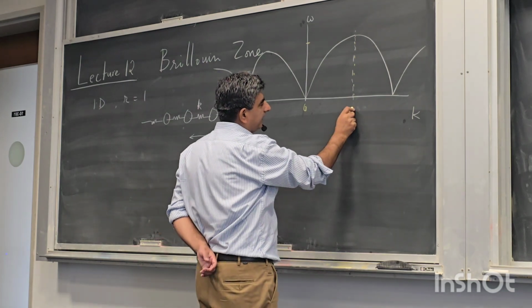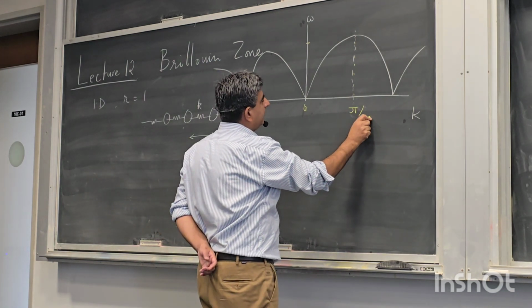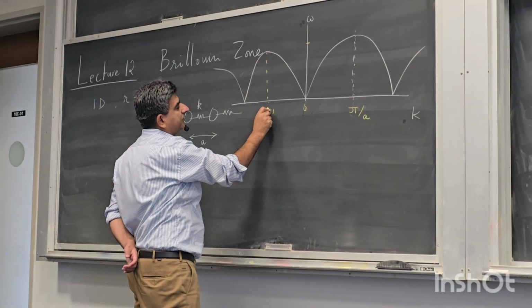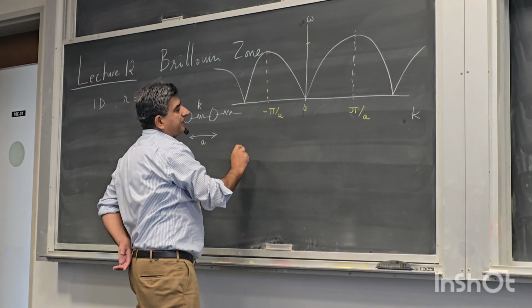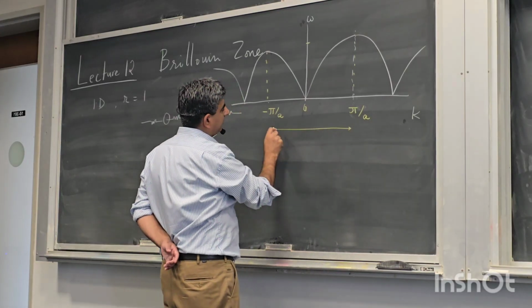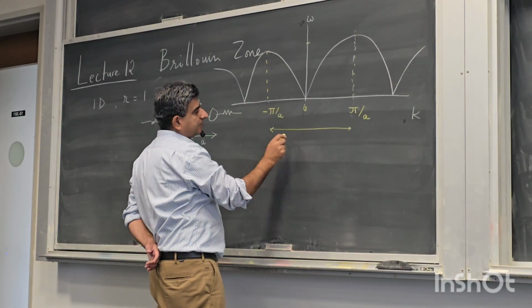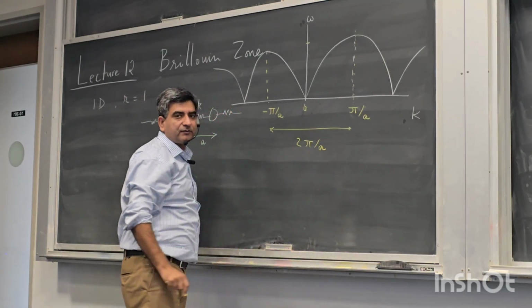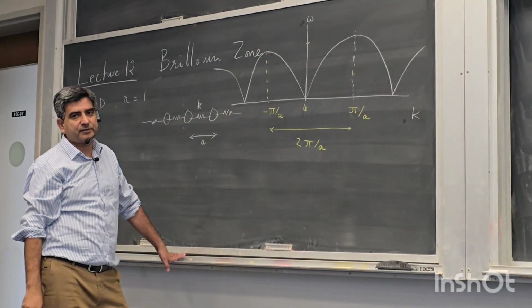So this k is pi over a, and this k here is minus pi over a. And I mentioned that the spacing between these two maxima in k space is 2 pi over a, which is simply the length of the reciprocal lattice vector.